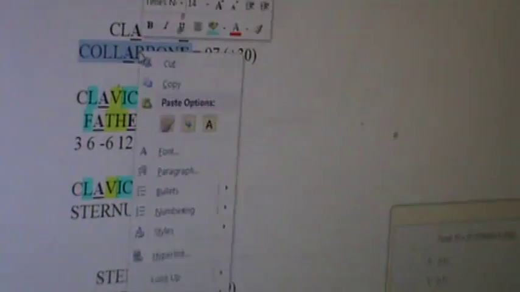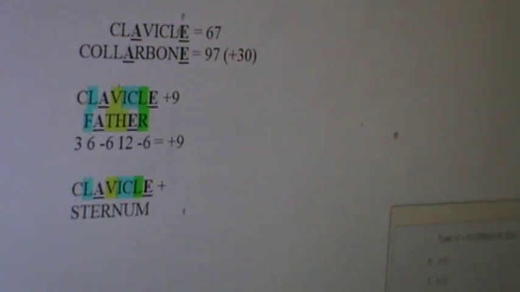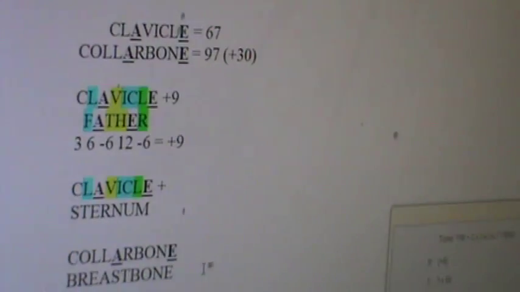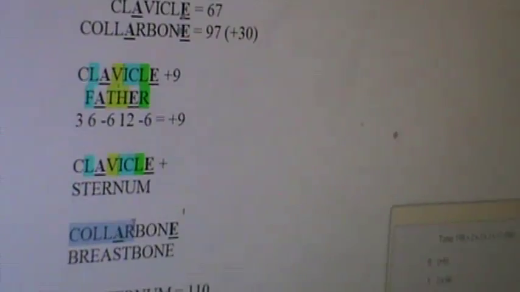And then the obvious one to do is collarbone plus breastbone. Wow, a double of 99. So collar plus breast, very beautiful. 6 letters for collar, 6 letters for breast. Wow, the one is 61 plus 1.